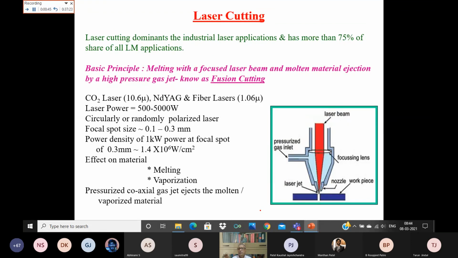And these applications include laser cutting of metal sheets, then welding, joining, and drilling. Okay, and then we'll dwell very briefly on different surface modifications as well as rapid manufacturing, which is nowadays known as additive manufacturing.